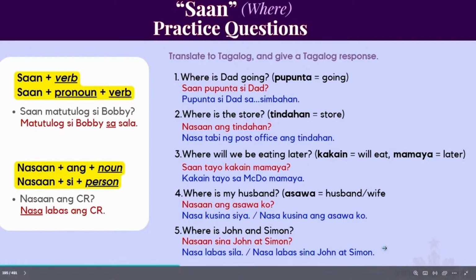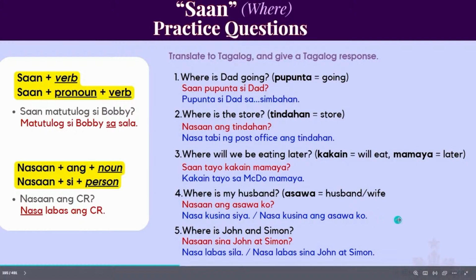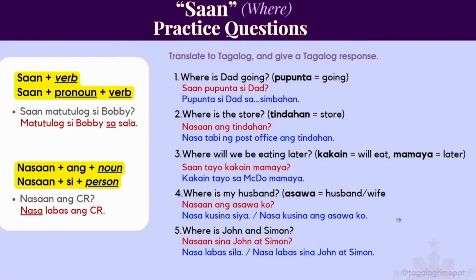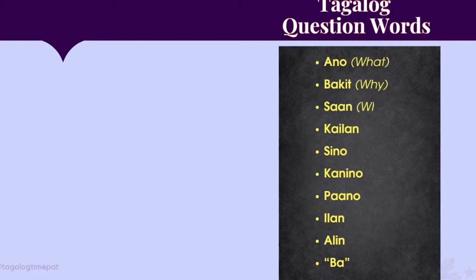So you can add their names again. Or you could just add the pronoun. And then I added that here in the number 4 example, nasa kusina ang asawa ko. So you can repeat that part of the question, or you can just use a pronoun. Okay, so up to you.